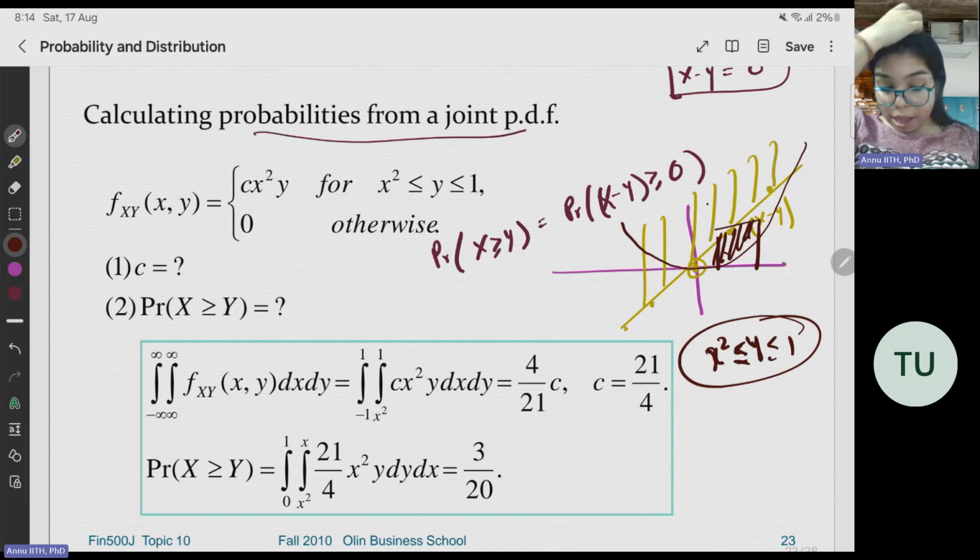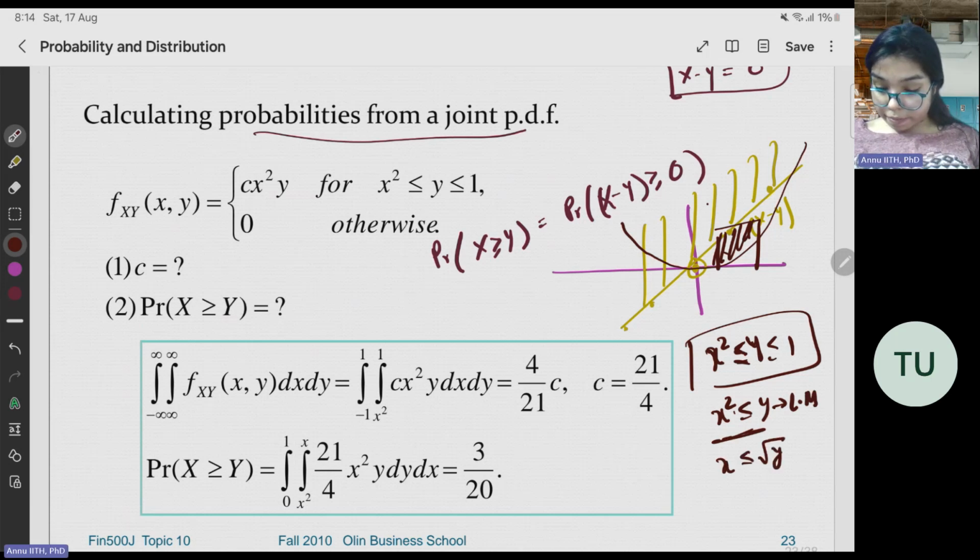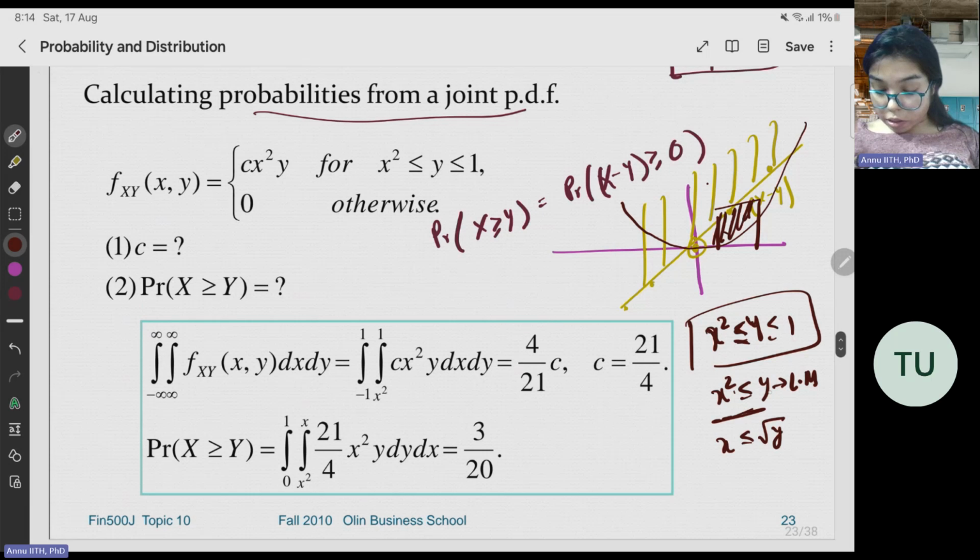Now, since this is the interval for y, x square to 1, we know that x square is the lower limit. Now x is less than or equal to root over y, for the lower limit.